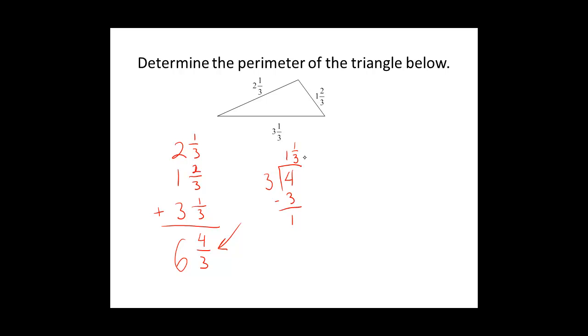So our numerator is our remainder and our denominator is what we divided by. So 4/3 is equal to 1 1/3. So now we need to add this whole number to the 6. So 6 plus 1 is equal to 7 and 1/3. So our answer is 7 and 1/3.